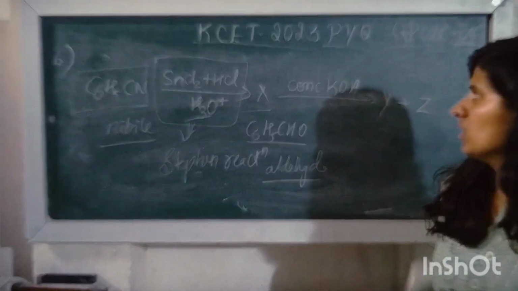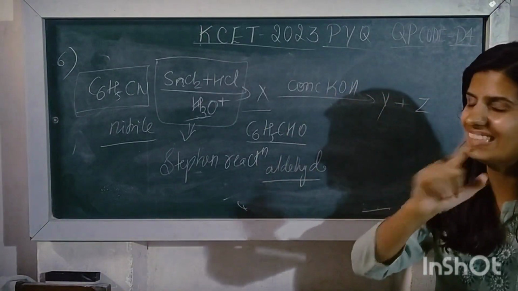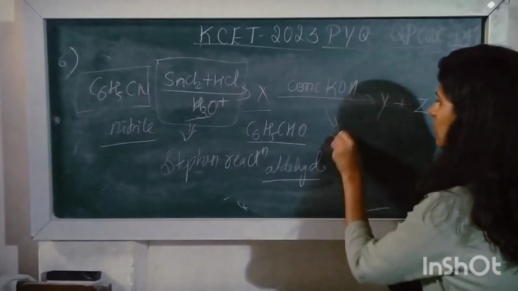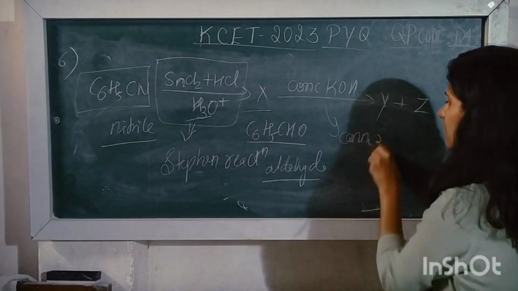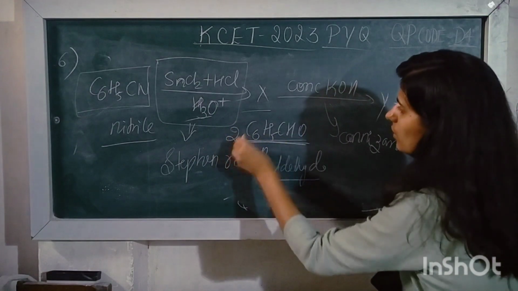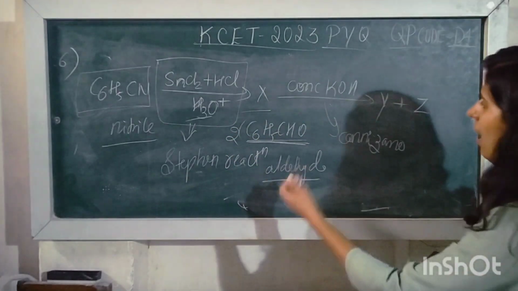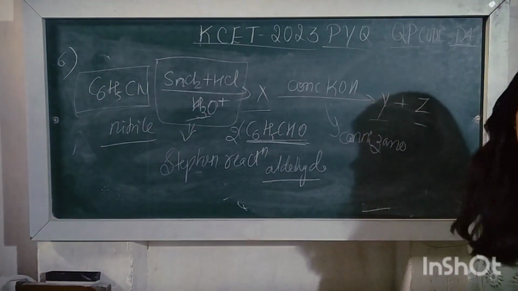In one of the named reactions known as the Cannizzaro reaction. But the condition for the Cannizzaro reaction is that two molecules of C6H5CHO are taken here and we get two products here.